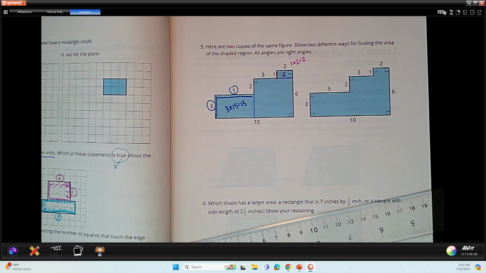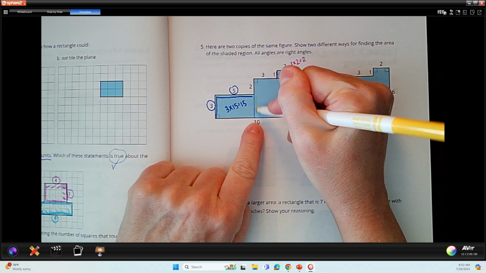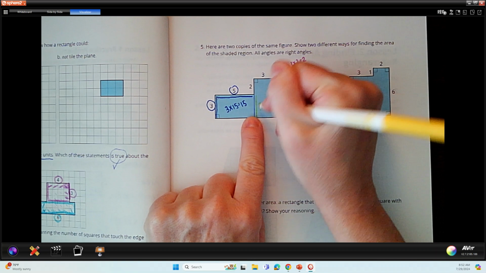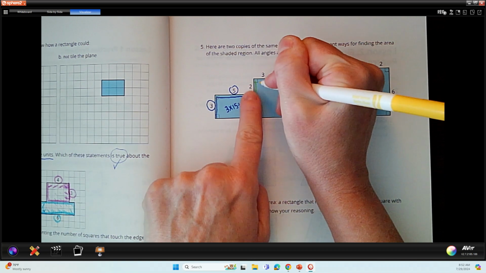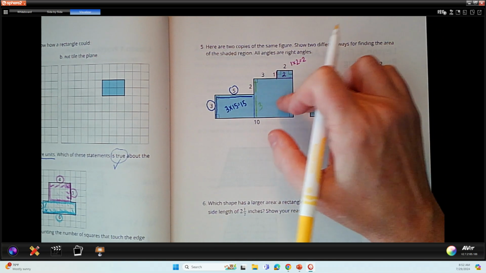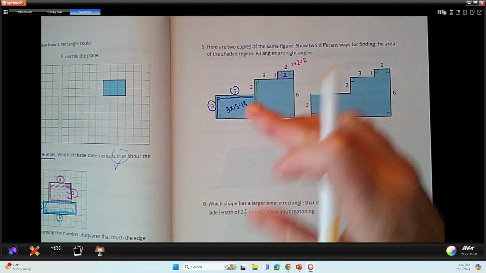Inside this shape, we have a height that is 3 and a height that is 2. Do you see that? So together, inside this little shape here, which we think is a square, but we're not sure yet, we're going to wait and see.